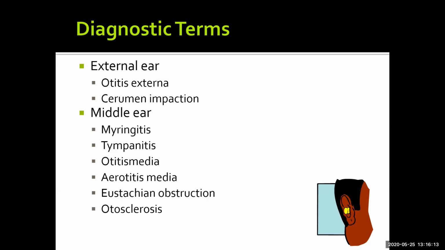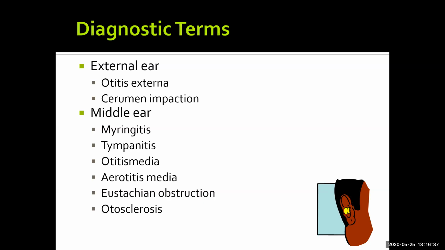Cerumen impaction would be waxy buildup that's impacted, often seen in elderly people. Some conditions we see of the middle ear would be myringitis, which is inflammation of the eardrum, often called tympanitis, which is right below it. And then otitis media is inflammation of the middle ear.